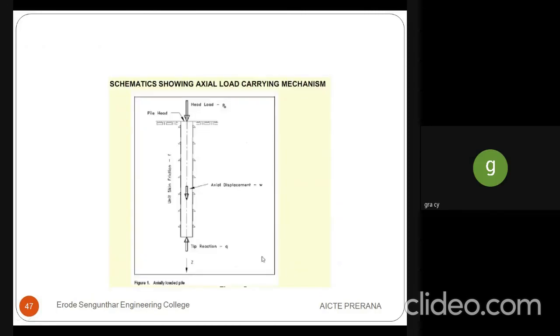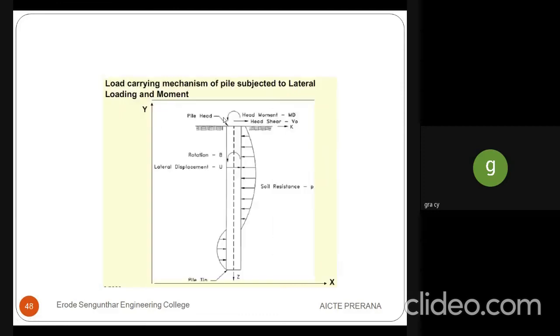So these are schematics showing axial load carrying mechanisms, with axial displacement and fixed reaction Q. These are the units in friction. Here the pile head load we can call P naught. Here also is the load carrying mechanism of the pile subjected to lateral loading and moment.